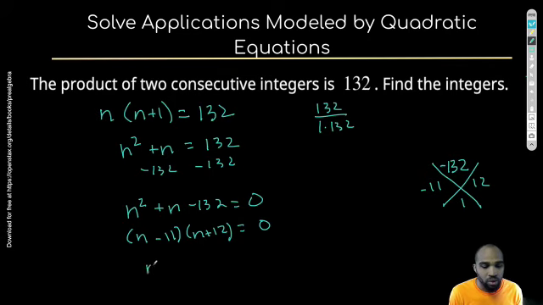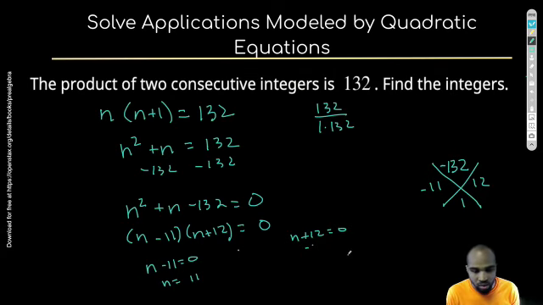If I keep going, to solve this to equal 0, that means n here needs to be 11. And if I solve this one, n plus 12 equals 0, minus 12, n equals negative 12. So n equals 11 or n equals negative 12.